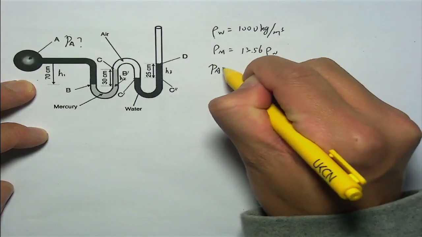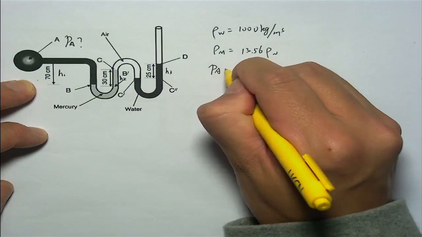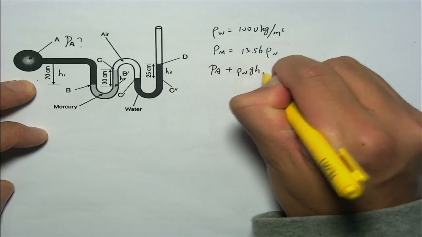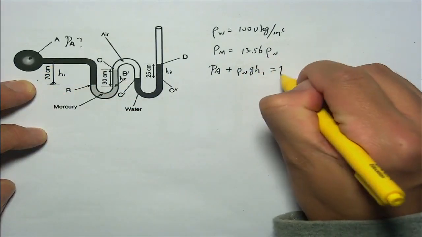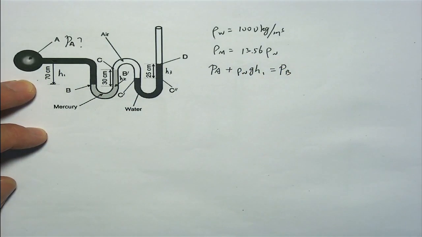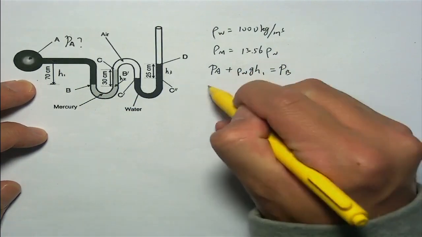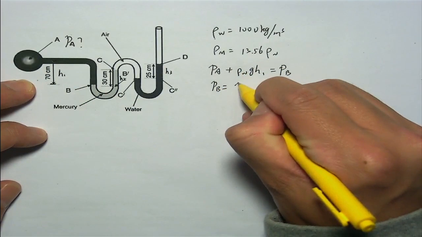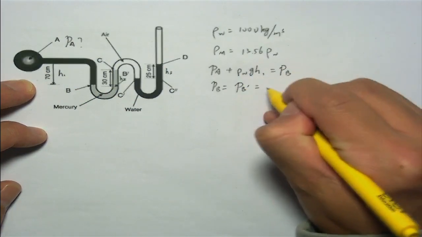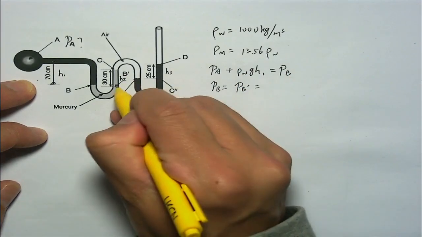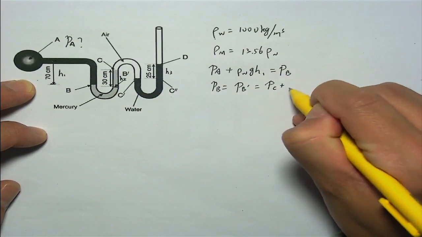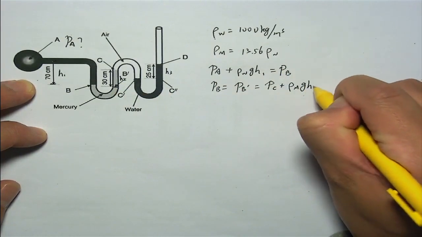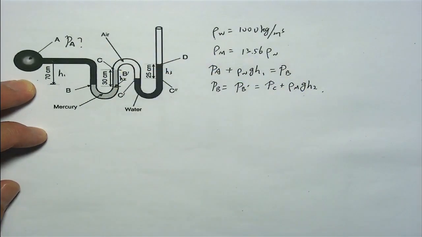Pressure A plus rho W g h1, the height difference here, we could get pressure B, the pressure at point B. And because it is linked and continuous, the pressure B is also equal to pressure B prime, which is equal to the pressure C plus rho mercury g h2. The h2 is the height here, which is 30 centimeters.